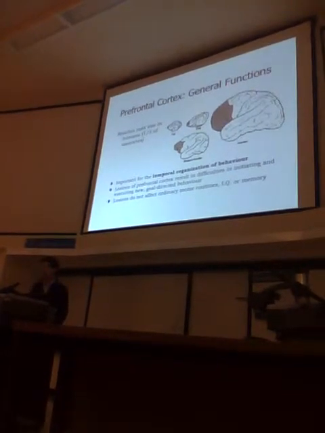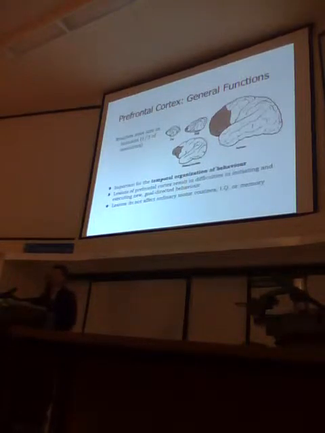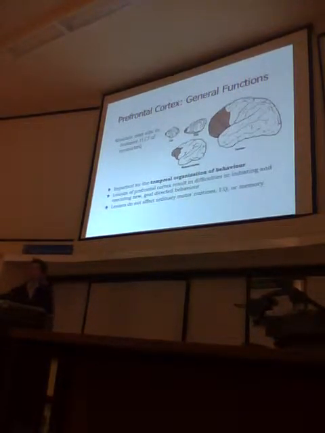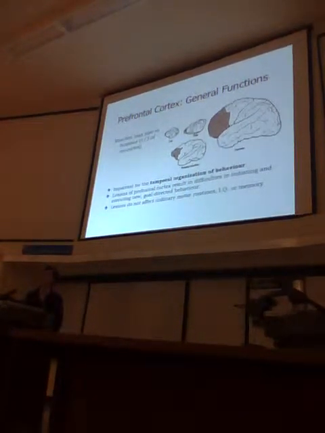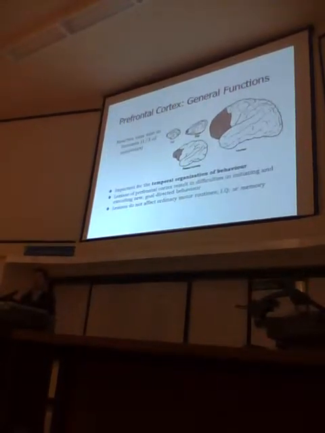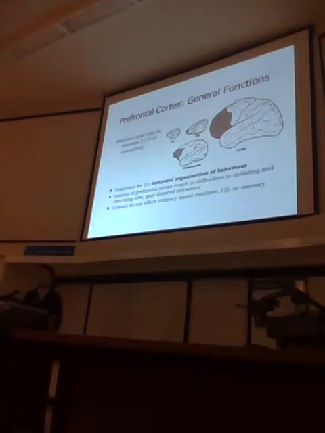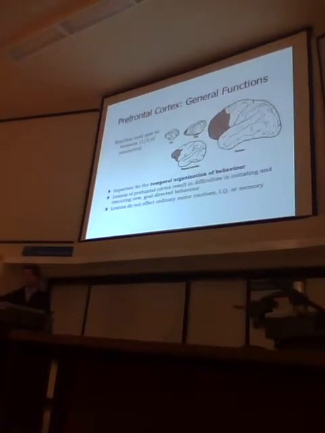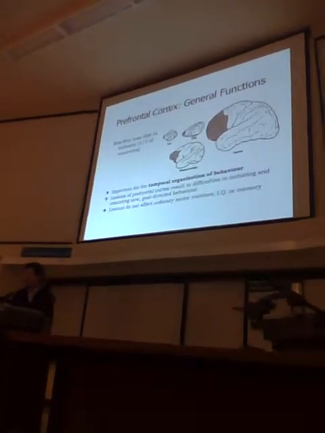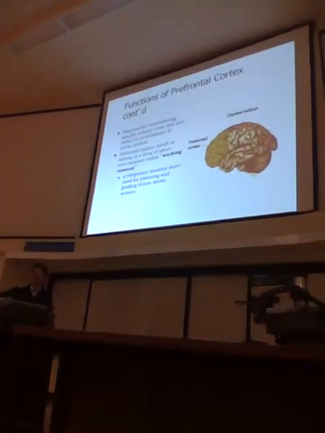IQ in humans or general memory function are basically intact with frontal injury, if the injury is not too extensive. To the extent that what you find is that working memory is impaired.